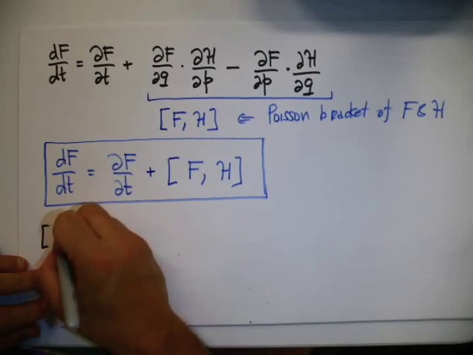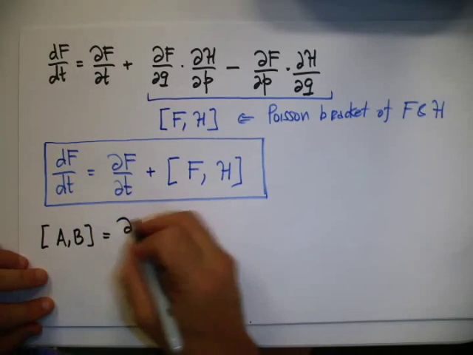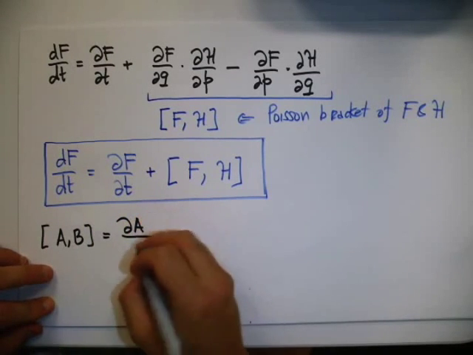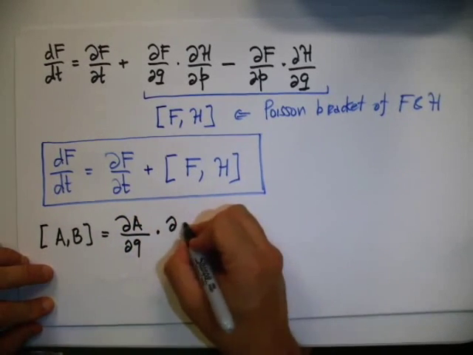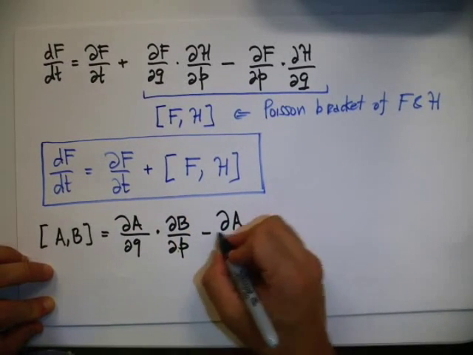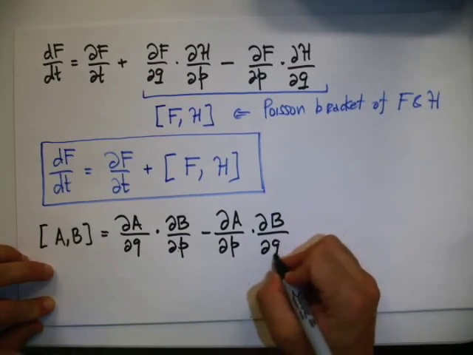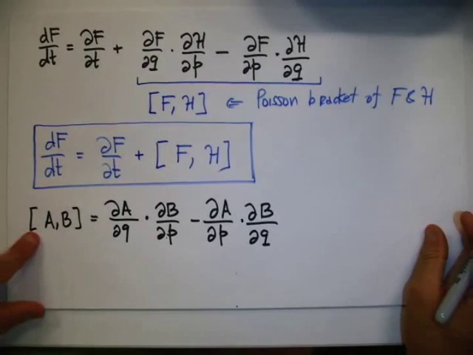And as I showed you, in general the Poisson bracket of two functions a and b is equal to the partial of a with respect to q times the partial of b with respect to p minus the partial of a with respect to p times the partial of b with respect to q.